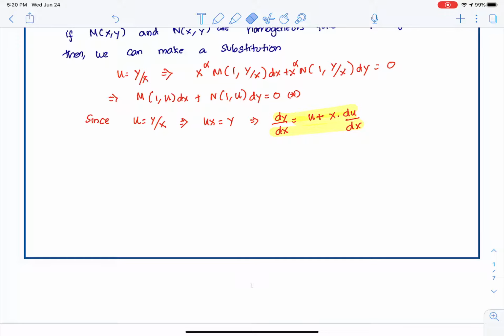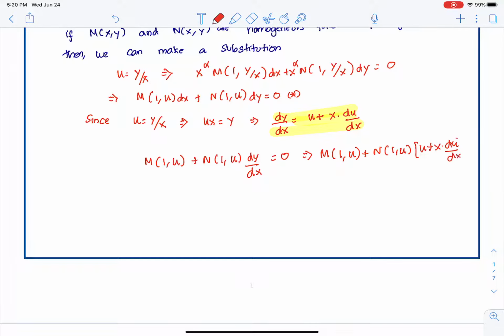So divide by dx on both sides, and we will have M of 1 comma u plus N of 1 comma u times dy over dx equals 0, which would then become M of 1 comma u plus N of 1 comma u times u plus x times du over dx equals 0.